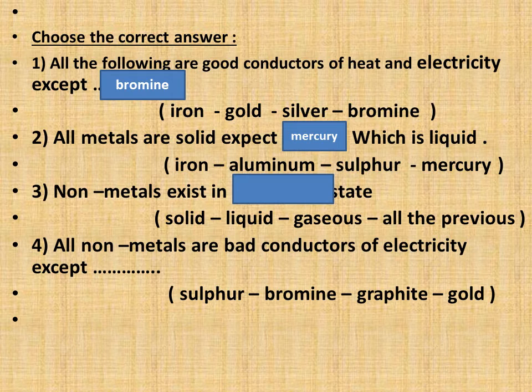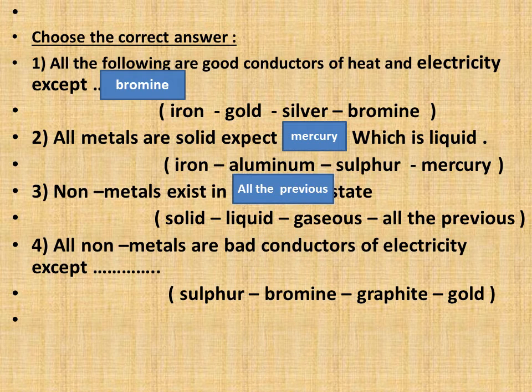Number 3, non-metals exist in the state of solid, liquid, gaseous, or all the previous. Non-metals exist in 3 states, solid, liquid, and gas, so we will choose all the previous.